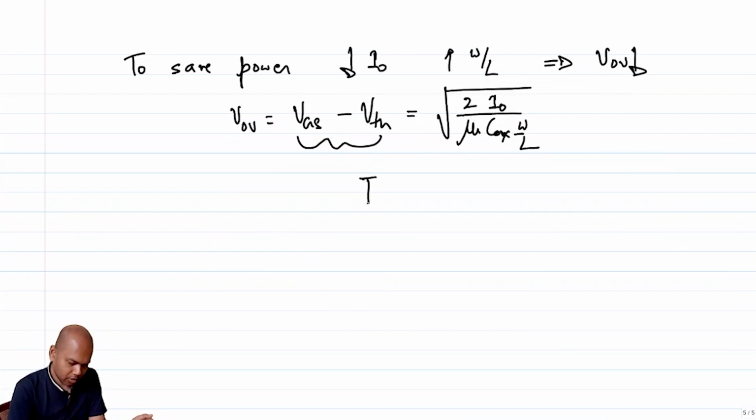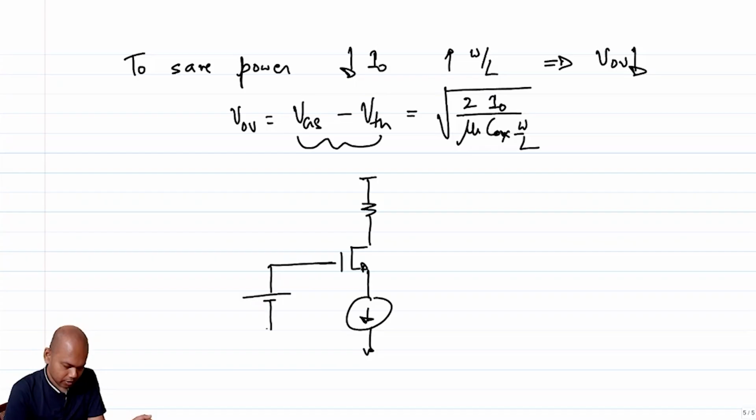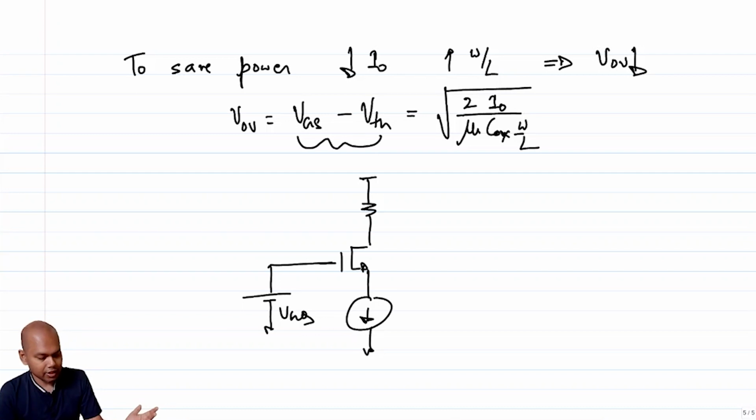I am not now sketching the entire circuit, I am only sketching this part of the circuit. How do I know what is VGQ? Firstly I have to ensure that this VGQ, whatever voltage I have, is sufficient to keep the transistor on, right?